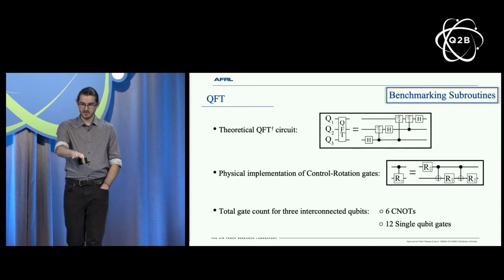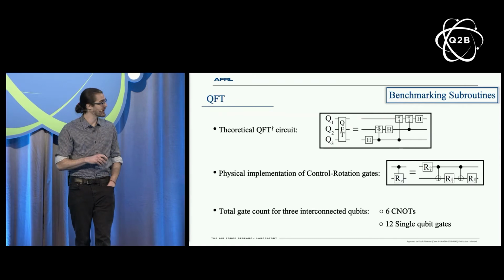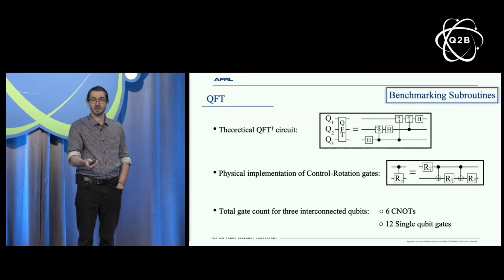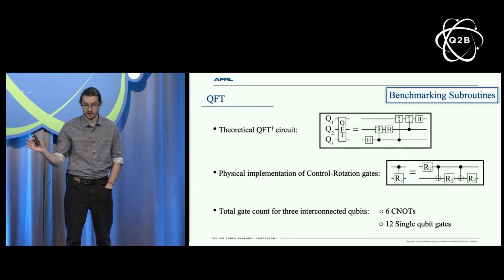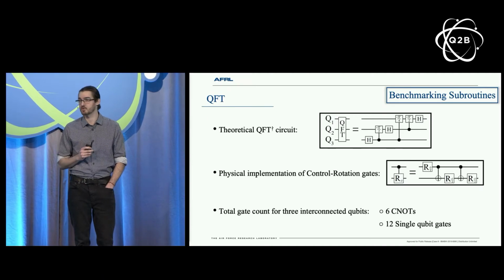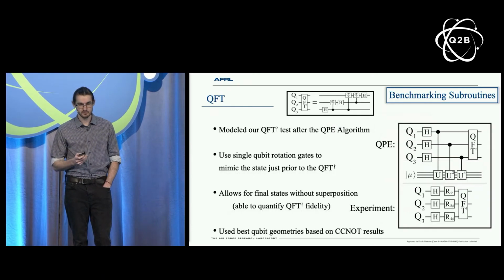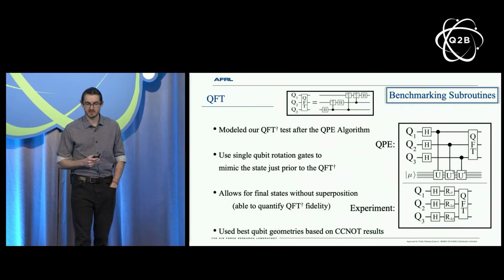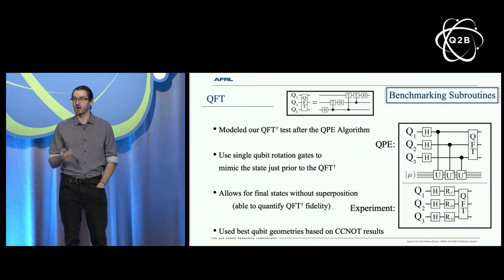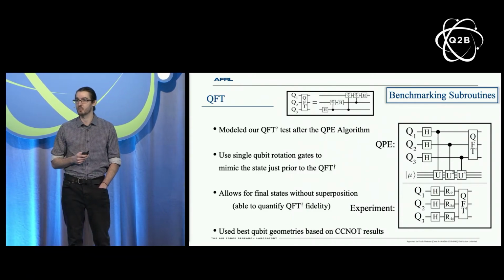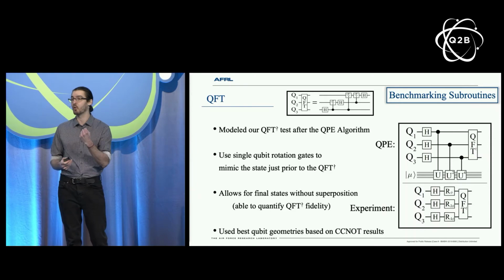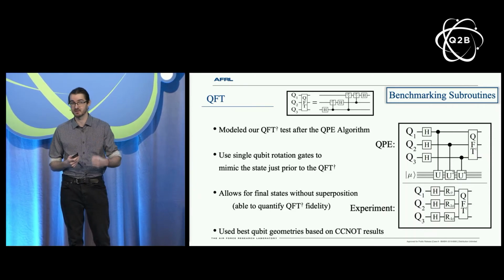So anyway, here's the circuit. And in the middle one, that is a control rotation gate and how you implement it. Standard approach. Sure, there's more optimal techniques. So what we thought was interesting is, okay, let's try to come up with an algorithm so that we can benchmark the QFT. We want a single final number, a percentage.